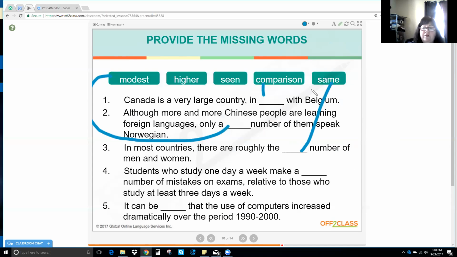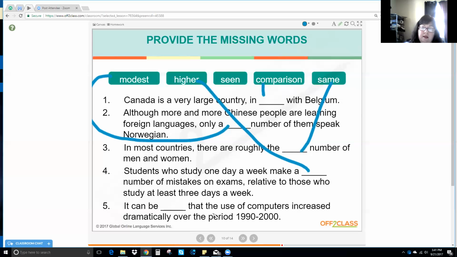So not only should you learn these types of words, but you should also know some synonyms so you can change it up a little bit when you're describing. And practice them enough so that it comes to you somewhat automatically or spontaneously. Students who study 1 day a week make a blank number of mistakes on exams relative to those who study at least 3 days a week. They're going to make a higher or greater or larger number of mistakes on exams.